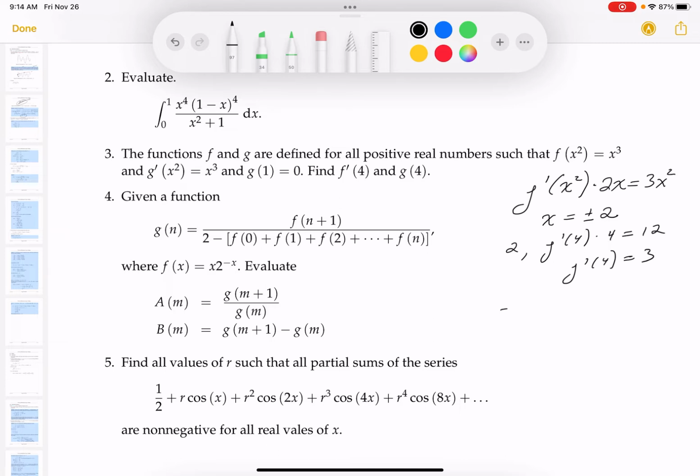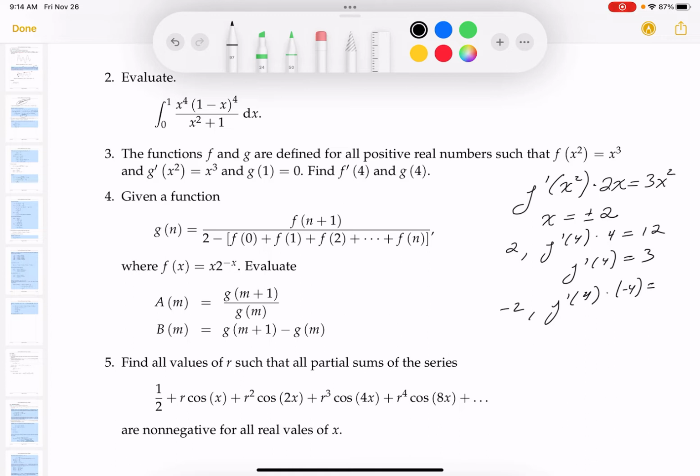You know what? Let's try minus 2 now. Let's see what happens. f prime of 4, right? And then what do you have here? Times minus 4, right? Equals. It's going to require some thinking here, isn't it?